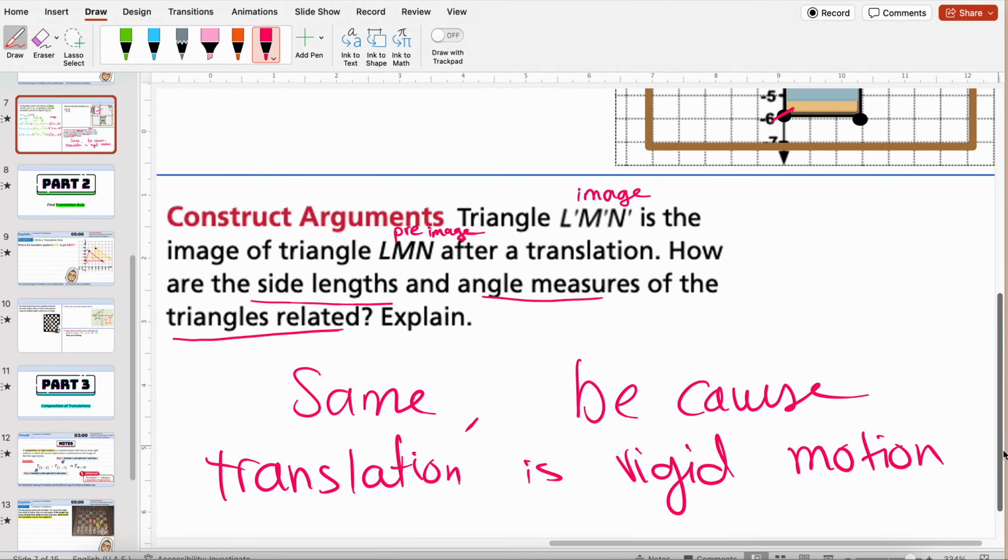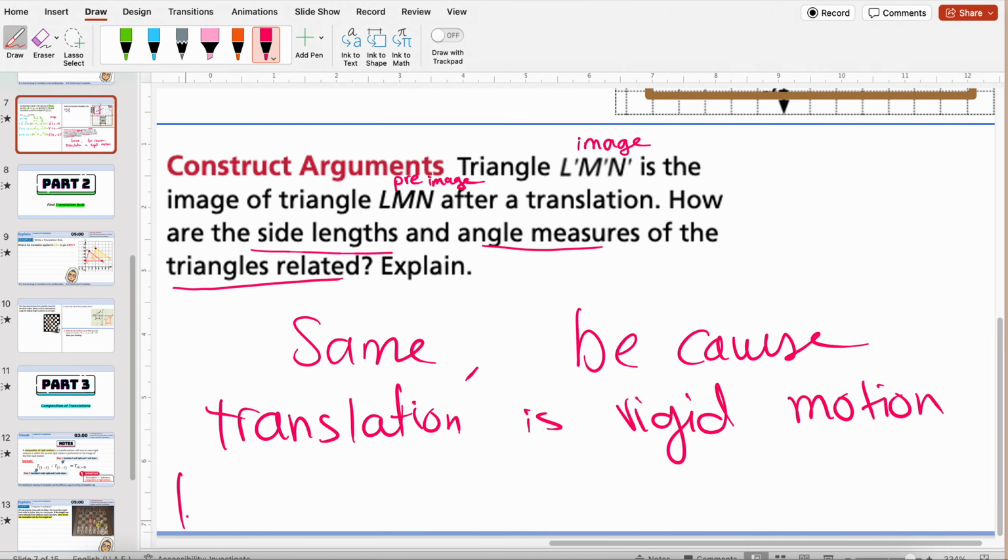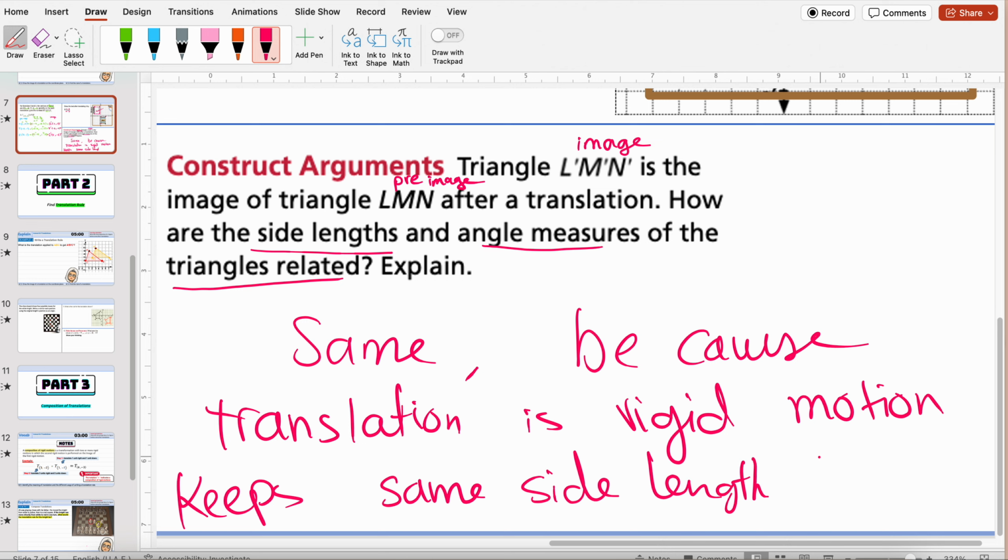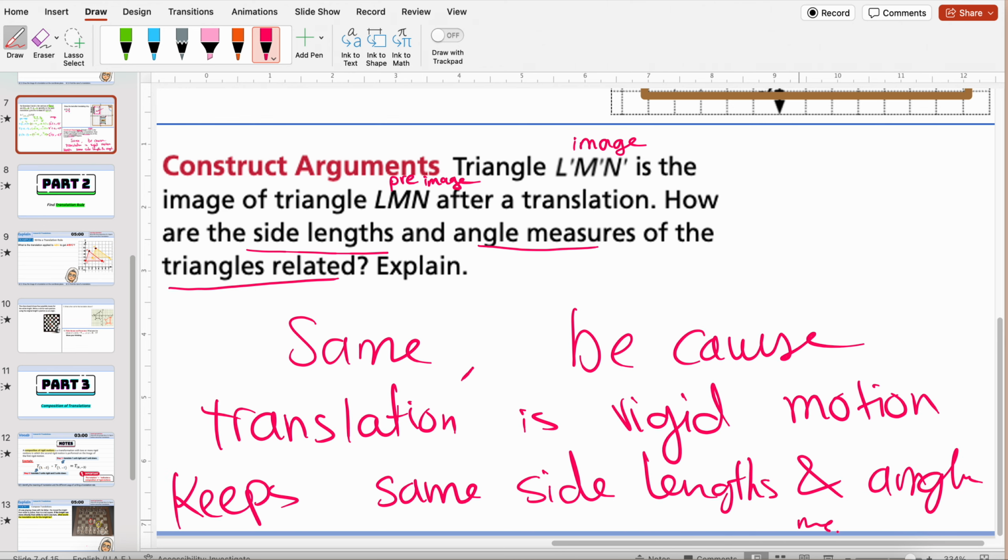What does rigid motion mean? Keeps same side lengths and angle measures. That's it.